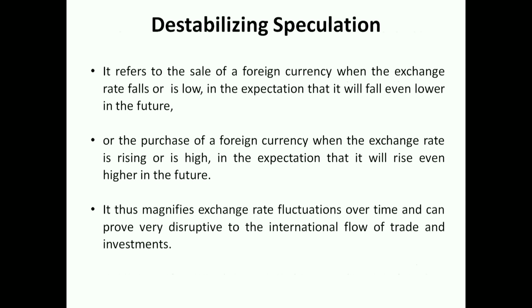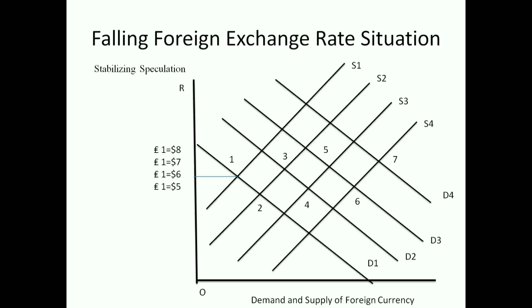Then what is destabilizing speculation? In the case of a falling foreign exchange rate, if a speculator is selling foreign currency, then it is destabilizing speculation. In the case of a rising foreign exchange rate, if a speculator is purchasing foreign currency, then it is again an example of destabilizing speculation. To understand it more, we'll go to the next slide.